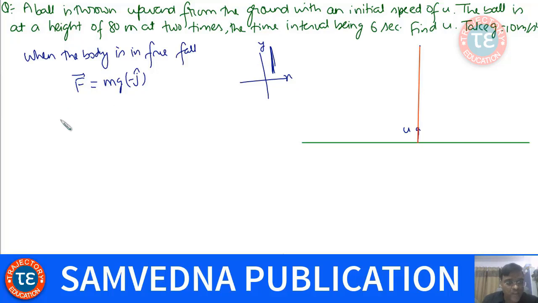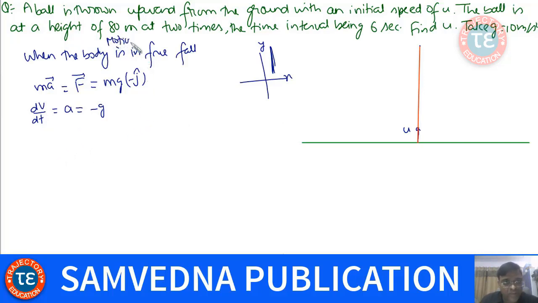If I take this coordinate system and the body has only vertical motion, then this force will be equal to ma. So a comes to be minus g. I did it in the last question also, but I'll just do it once and for all so that you can use it in these kinds of questions.